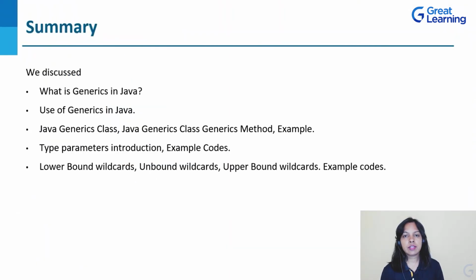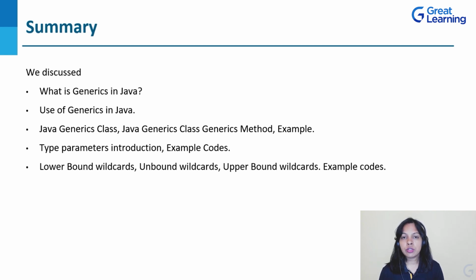In this video, we discussed what generics in Java are and why generics are used in Java, and how they are helpful in programming. Generics is mostly used with collections, so we saw how generics used with collections can solve a few problems. Then we talked about what a generic class is, what a generic method is, and the different type parameters.